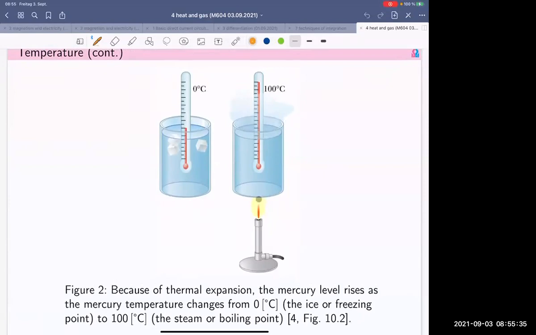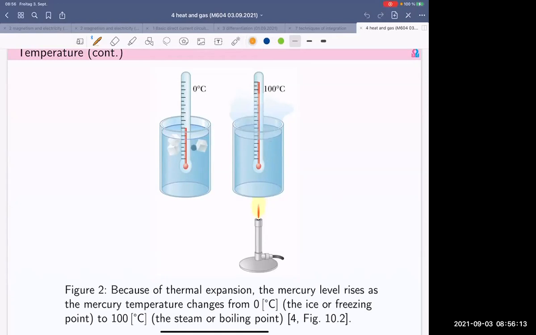If we put the heat from the fire and we boil it until it reaches a situation when there is steam or vapor here, what we could observe from the thermometer is that the temperature on the thermometer will be at 100 degrees Celsius, right?